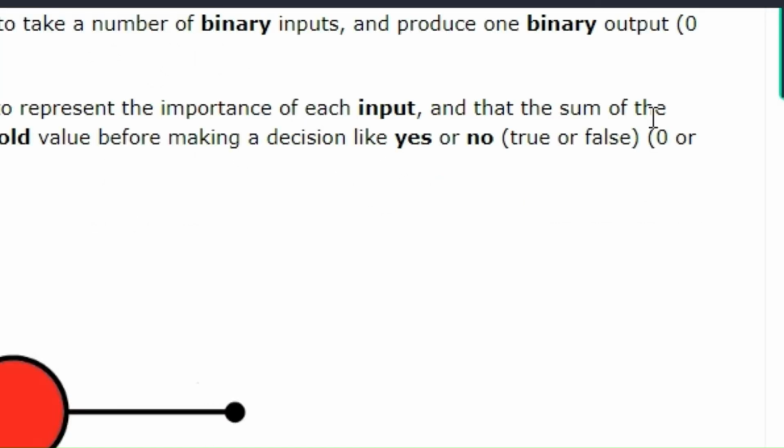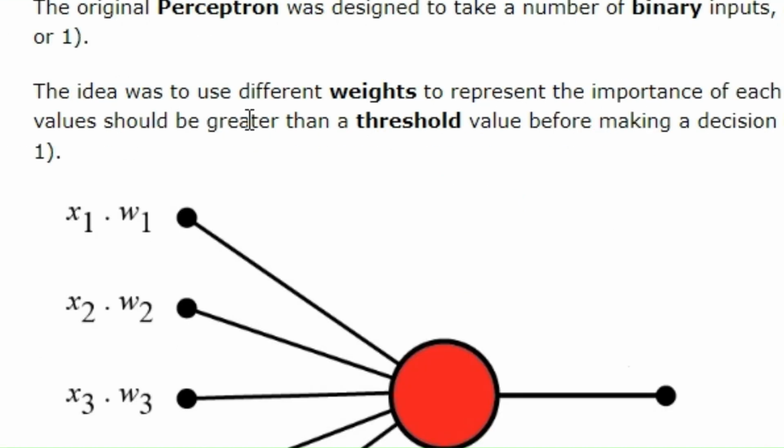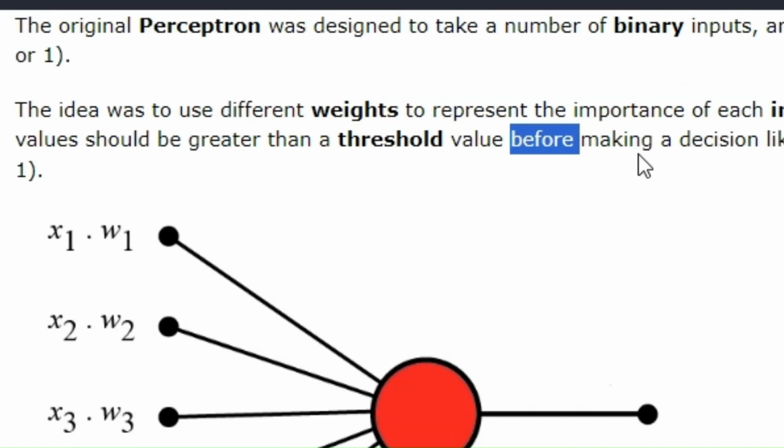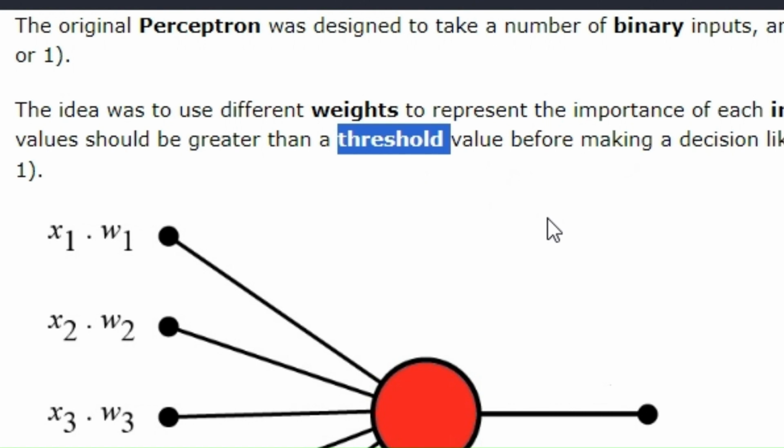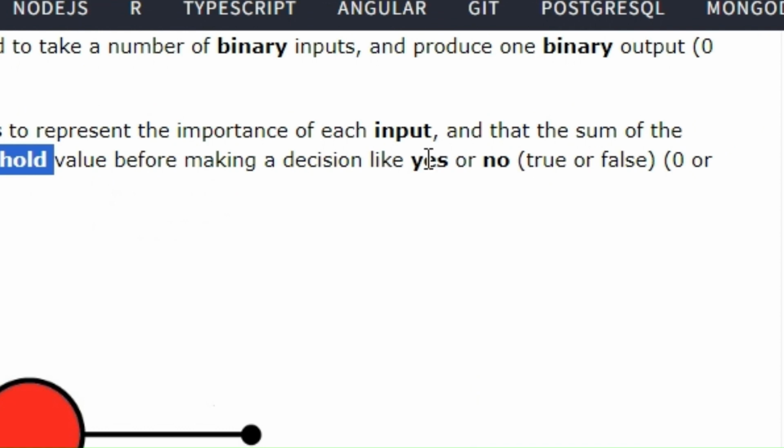And the sum of the values should be greater than a threshold value before making a decision like yes or no. So we will decide a threshold value, and if we get beyond it, then we make a decision whether yes or no, true or false, one or zero.